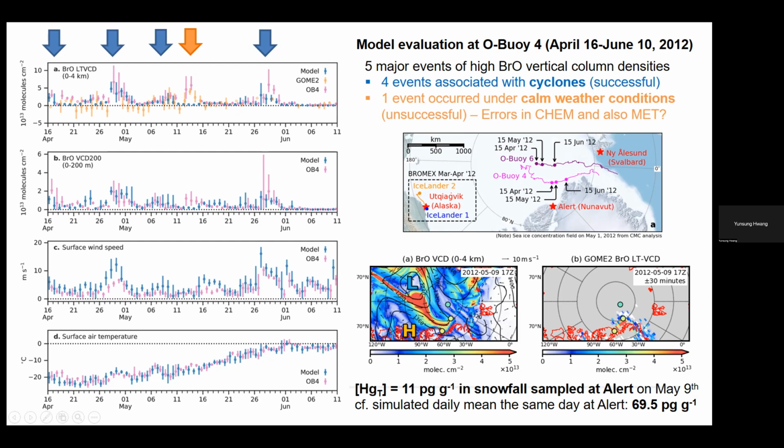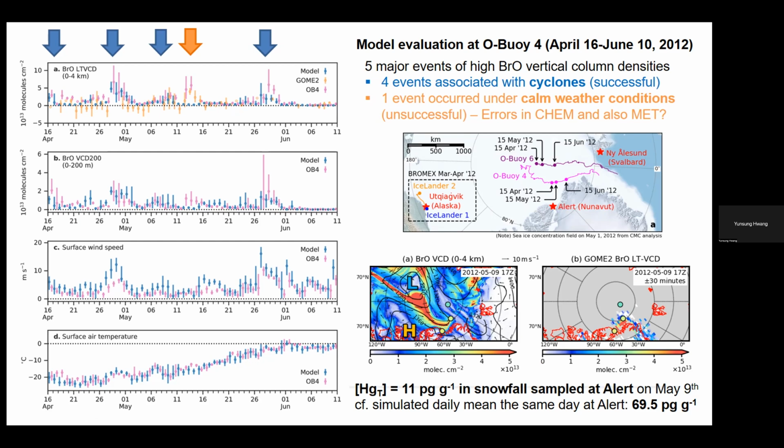So this map shows one of those cyclone-related events on May 9th. So you see this high BrO column abundance around the cyclones near the North Pole. And that was actually captured from the satellite to some extent. And also these two buoys captured these variations in the region, and also the Alert station saw relatively high BrO column abundance.